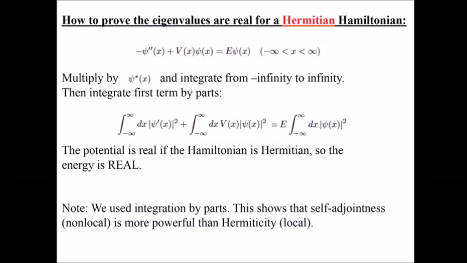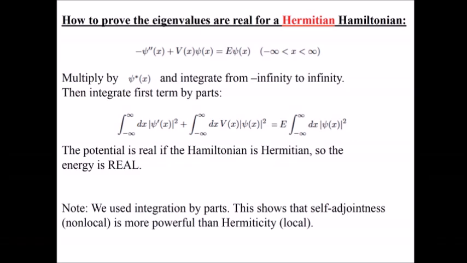If the eigenvalues are all real, we say that we have an unbroken PT symmetry. And if the eigenvalues of a PT symmetric Hamiltonian are complex, then we say we have a broken PT symmetry. And there is a transition between a broken and an unbroken PT symmetry.